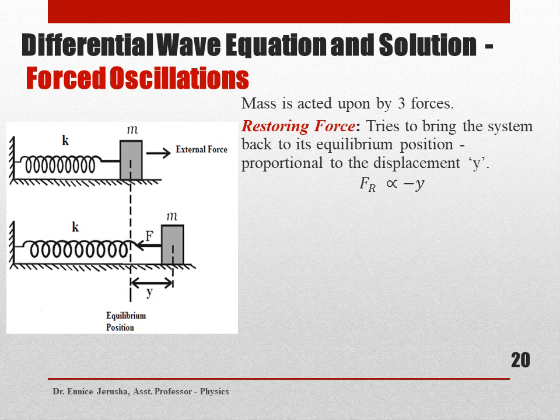The last force acting on the mass is the external periodic force itself. This is given by F equal to F naught sin Pt, where P stands for the driving force frequency and F naught stands for the amplitude of the applied periodic force.